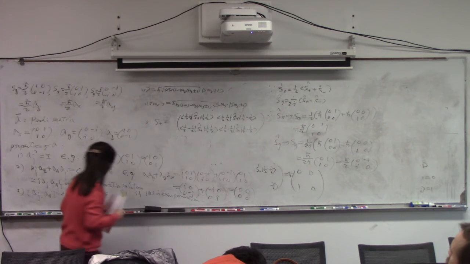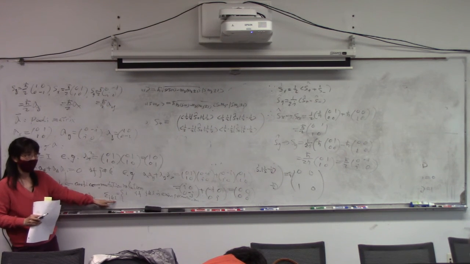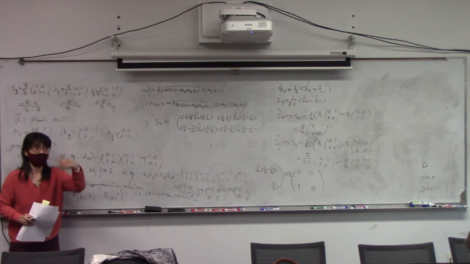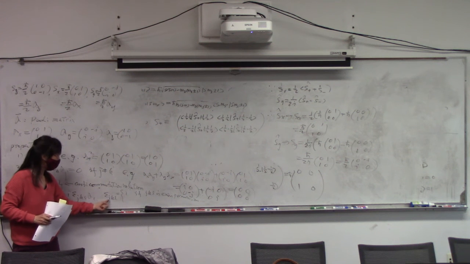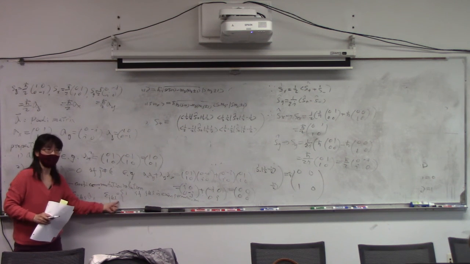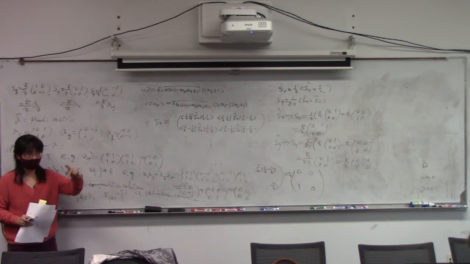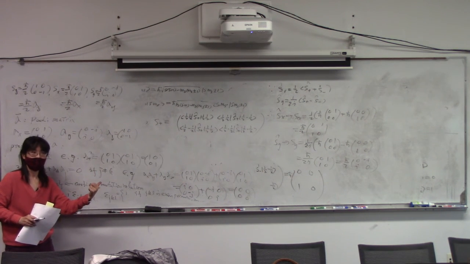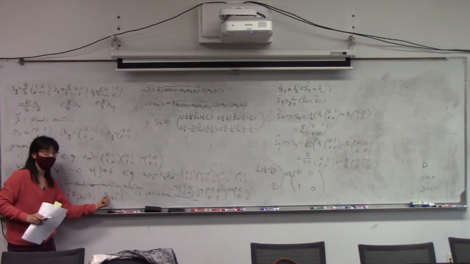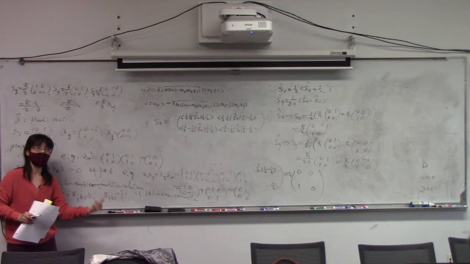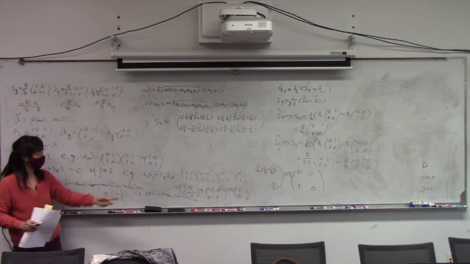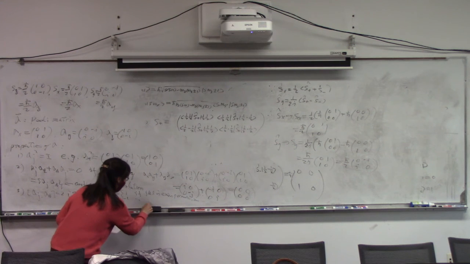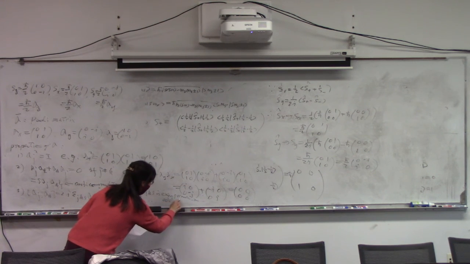What does it mean? If we have x, y, z, that's okay, because you don't need to permute. But if it's x, z, y, to return to x, y, z order you need to permute once, that is odd. If you permute twice and then go back to x, y, z order, then that is even. So in that case it's 1, and minus 1 is odd.